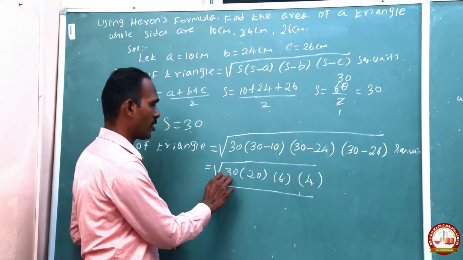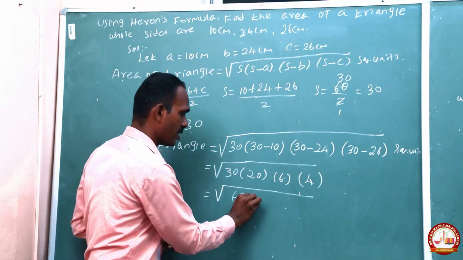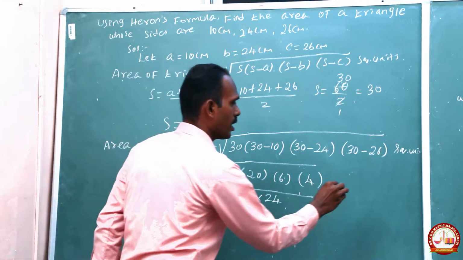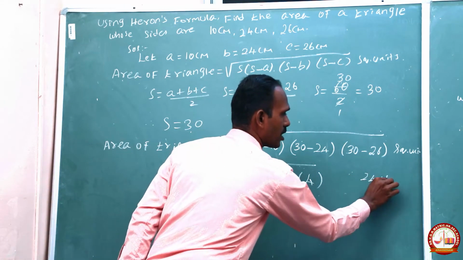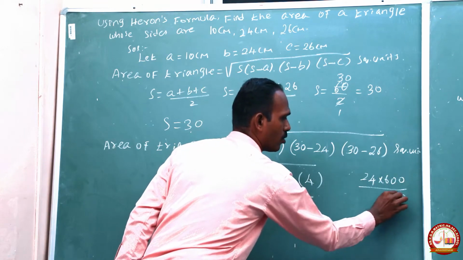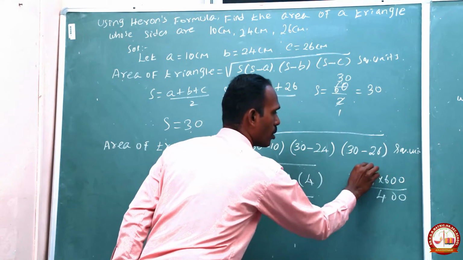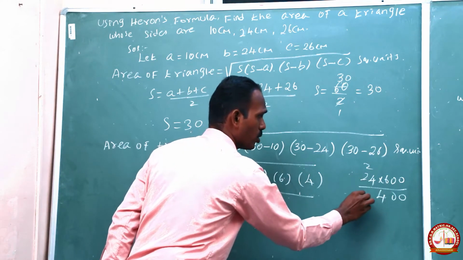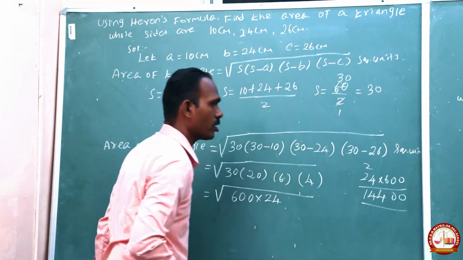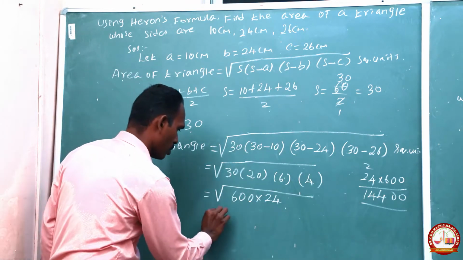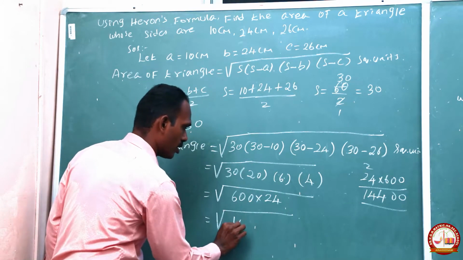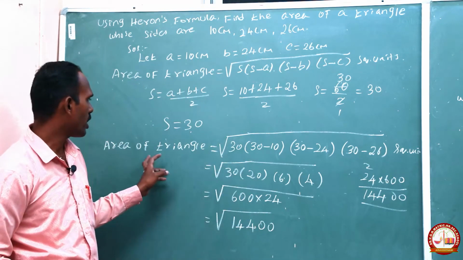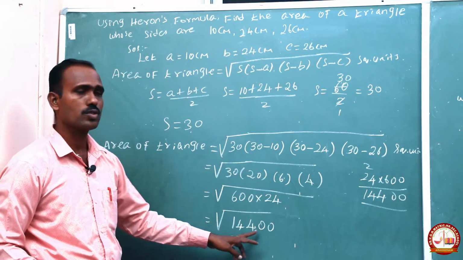First 30 into 20 is 600, into 6 into 4 is 24, so we multiply 24 into 600: 4 sixes are 24, 4 balance 2, 6 twos are 12, 12 plus 2 is 14, so 14,400. So area of triangle equals root of 14,400.